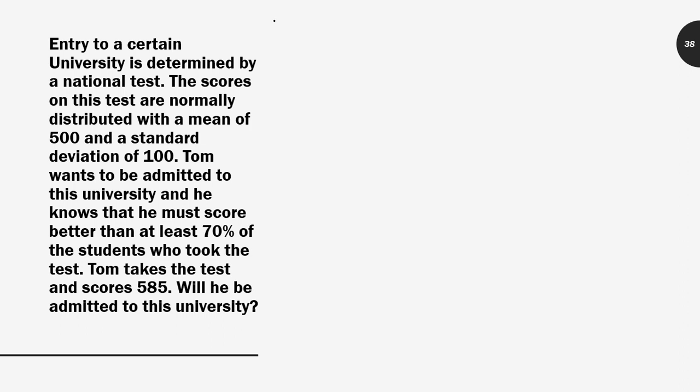So, ito, ibahin ko lang din ng konti kanina yung tanong. Di ba kanina yung may patak 20? Parang magkaparehas lang sila neto, pero iba po ng gagawin. Okay? So, entry to a certain university is determined by a national test. Kunyari kayo, mag-exam na kayo for college. The scores on this test are normally distributed with a mean of 500 and standard deviation of 100.